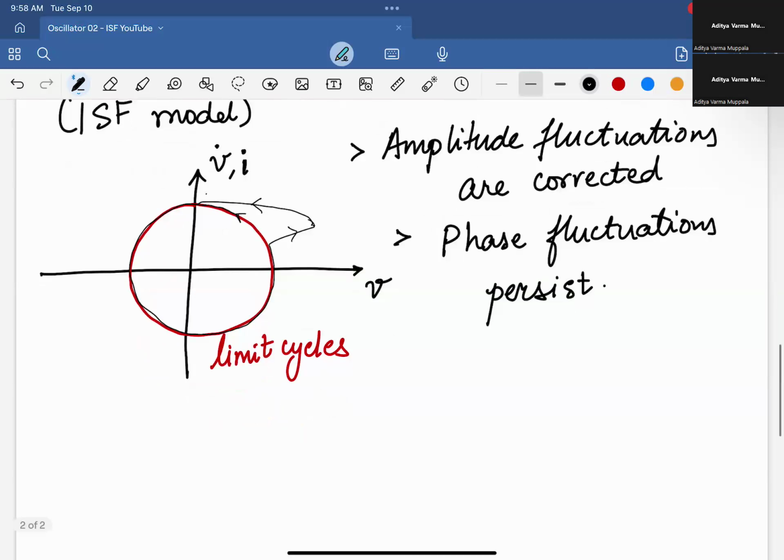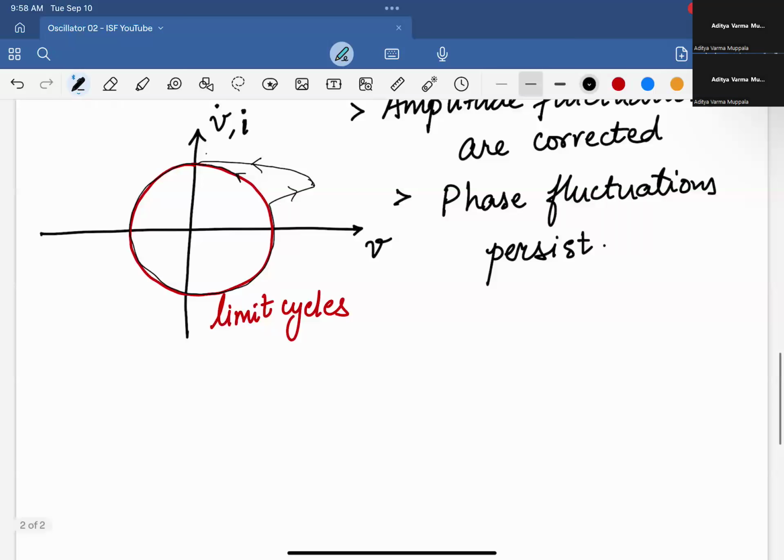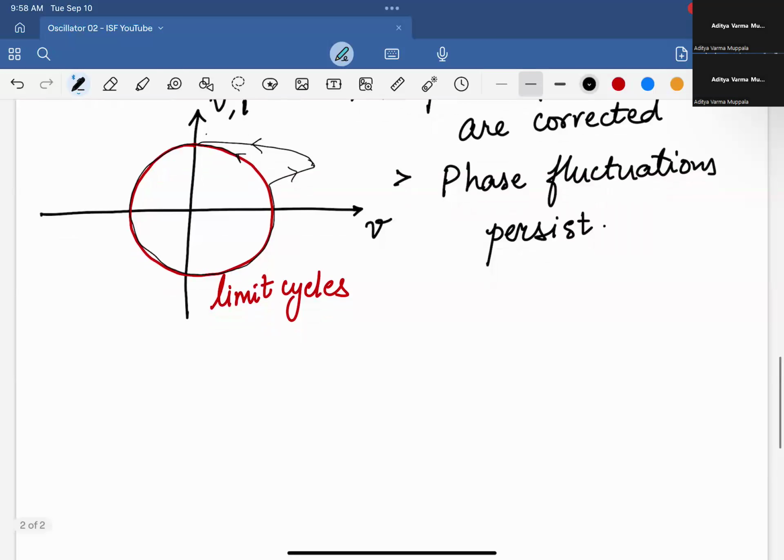So it has no memory of phase, but it has a memory of its actual amplitude because the limit cycle itself has a specific amplitude at each point in time. So that was a quick refresher of what we discussed in the previous video, and we'll use some of this in today's video to develop this ISF model.